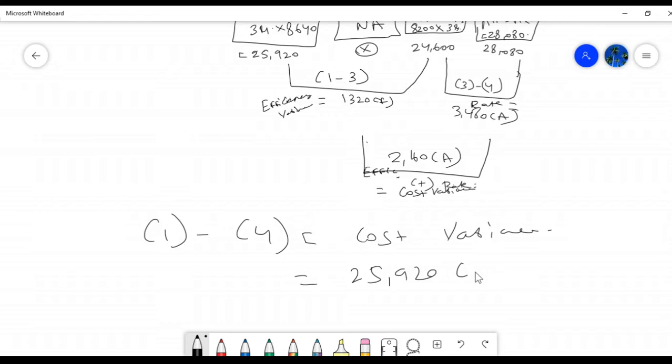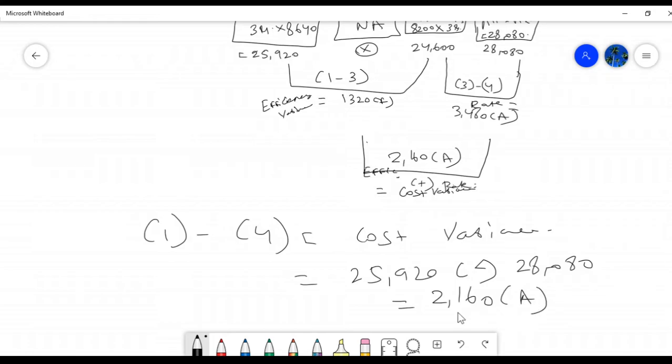So 25,920 minus 28,080 is 2,160 adverse. Okay.